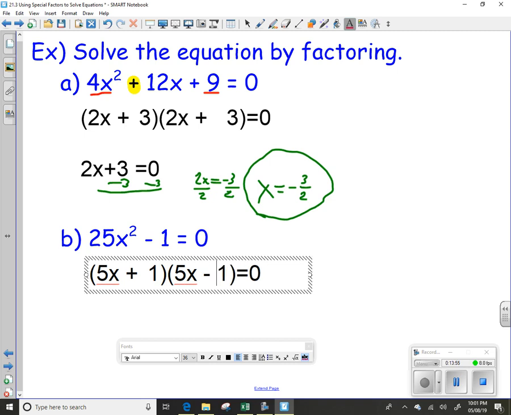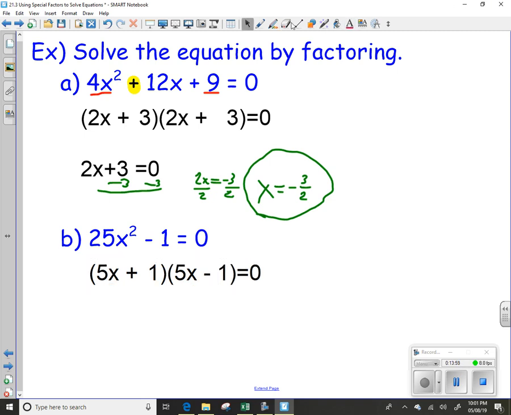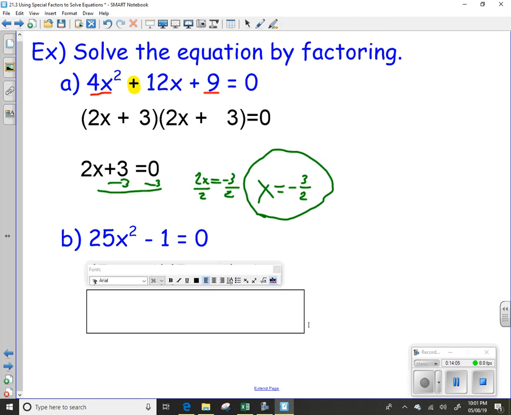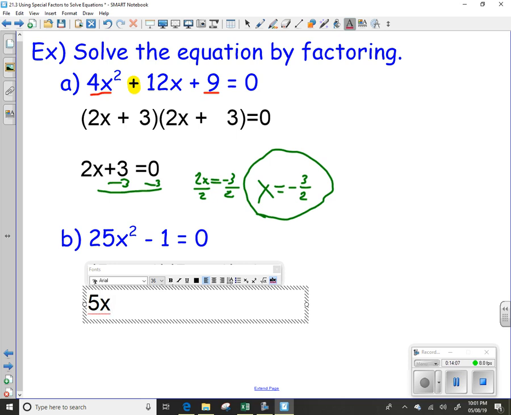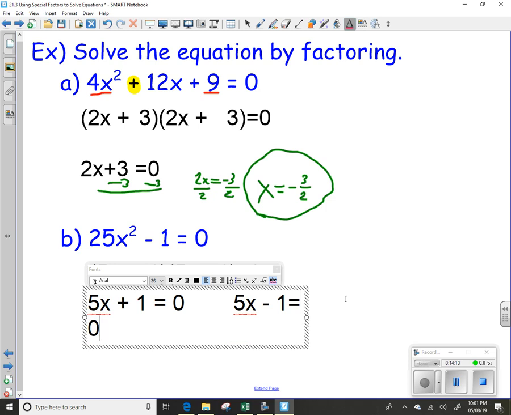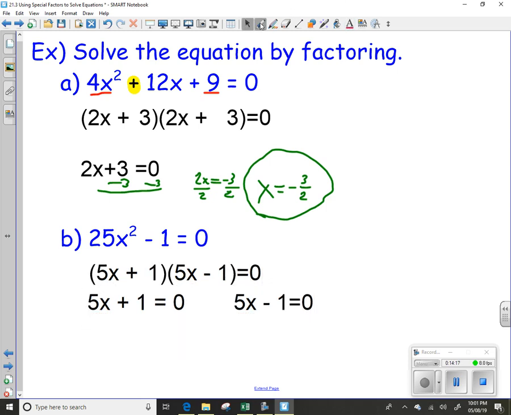Now, in this case, unlike the one above, I cannot just set one of them equal to 0 because they are not identical to each other. And so in this case, I'm going to have to do 5x plus 1 equals 0. Then I'll have to do 5x minus 1 is equal to 0. And now I can solve both of those.